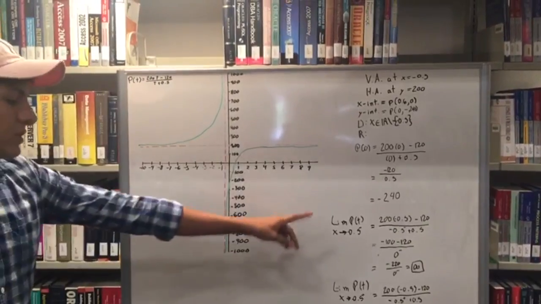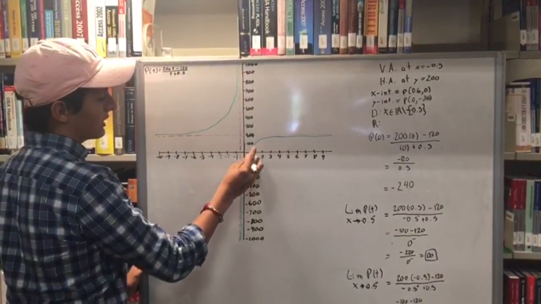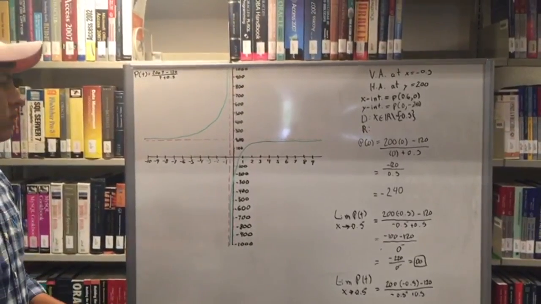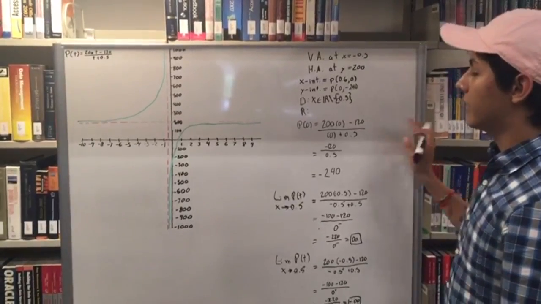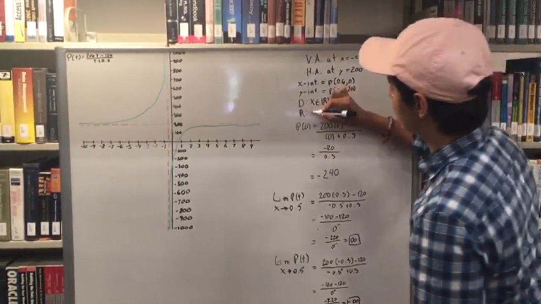So, with the information we got, the asymptotes, the x-intercept, the y-intercept, and the end behavior, the graph would look something like this. Now, with the graph, we can easily get the range.